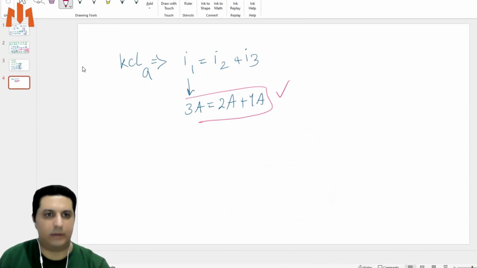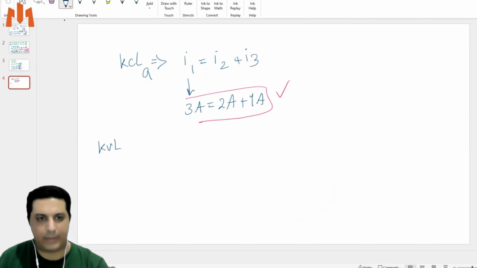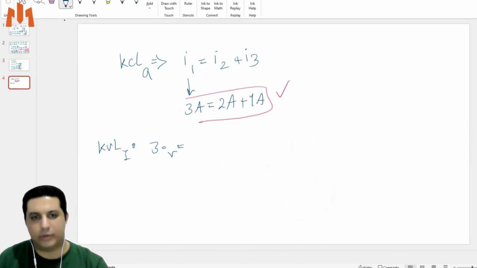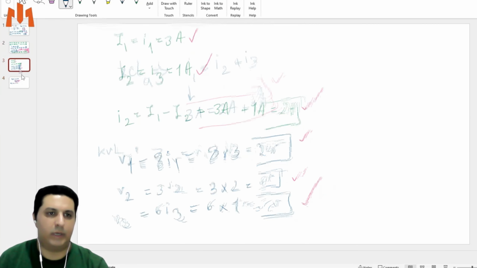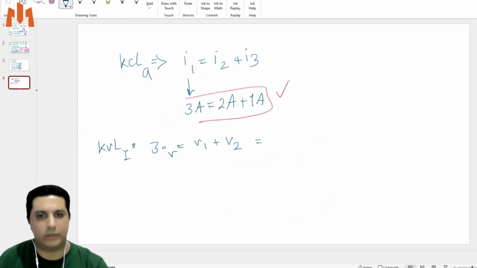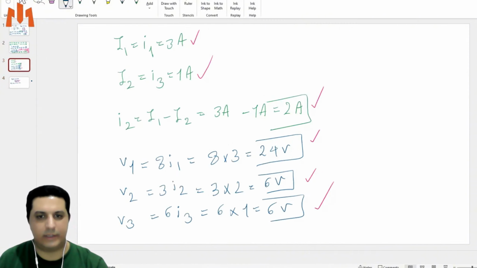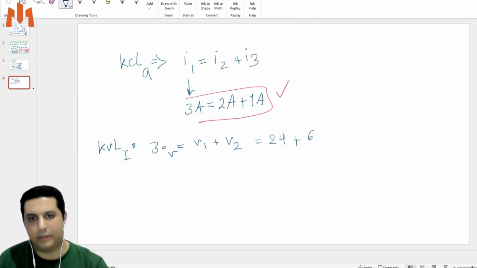And what about the KVL? 3 volt equals V1 plus V2. What was V1? V1 was 24 volts, and V2 was 6 volts. It is the same: this is 30 volt.